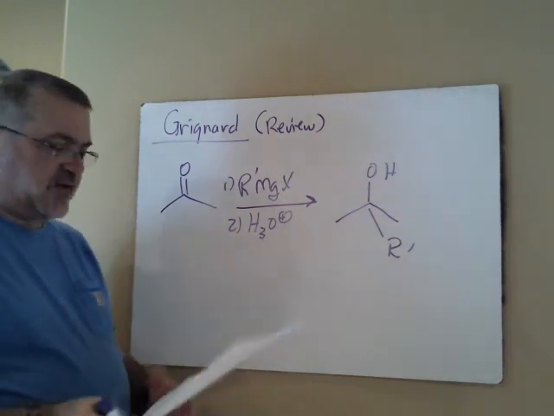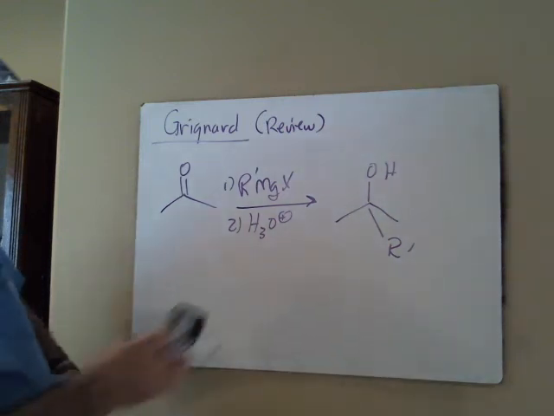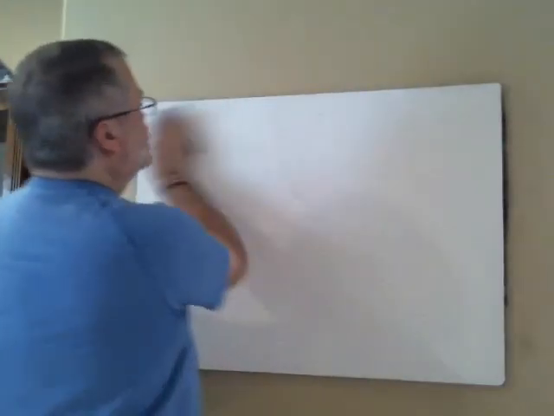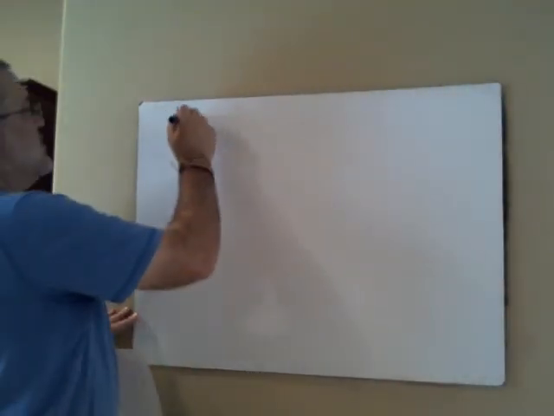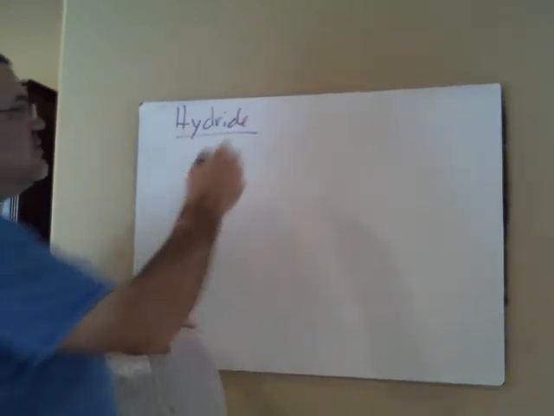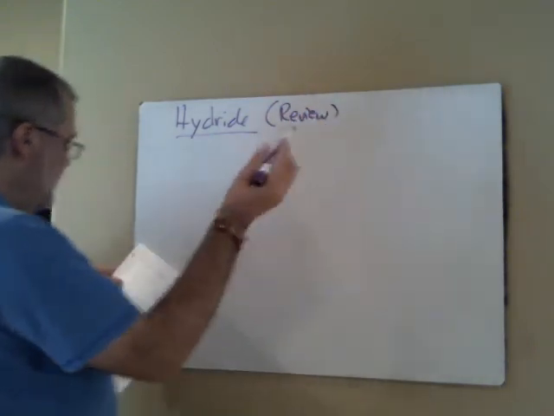Don't even really have to discuss it. Okay? We've also talked about the next one. If you have a ketone or aldehyde, you can react it with the hydride nucleophile. This is review. I've already talked about this. Don't really have to spend any time on it.